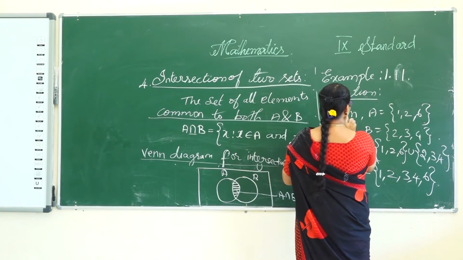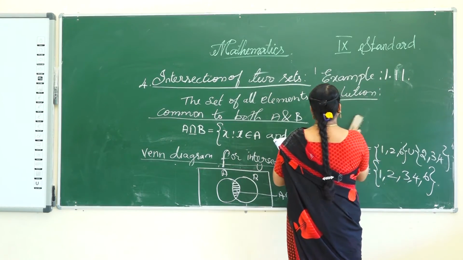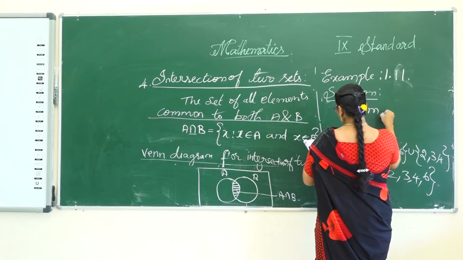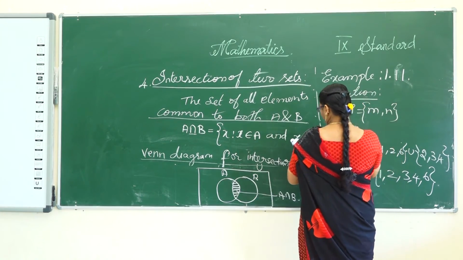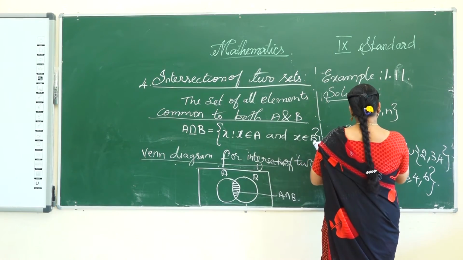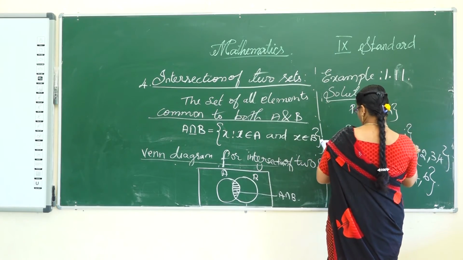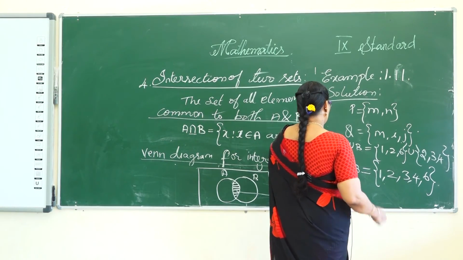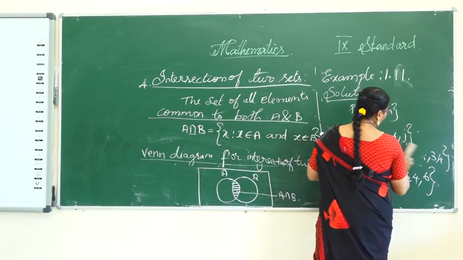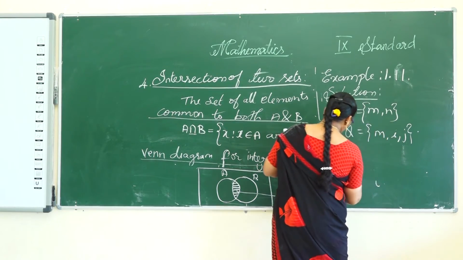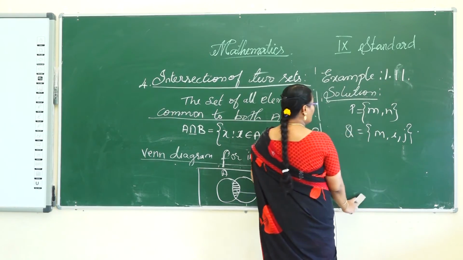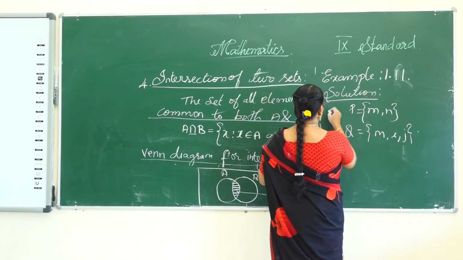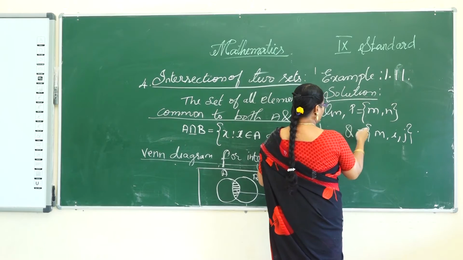Example 1.11. P is equal to {M, N} and Q is equal to {M, I, J}. Represent P and Q in a Venn diagram and find P union Q. Union means join all the elements in sets P and Q, so you can easily find it.